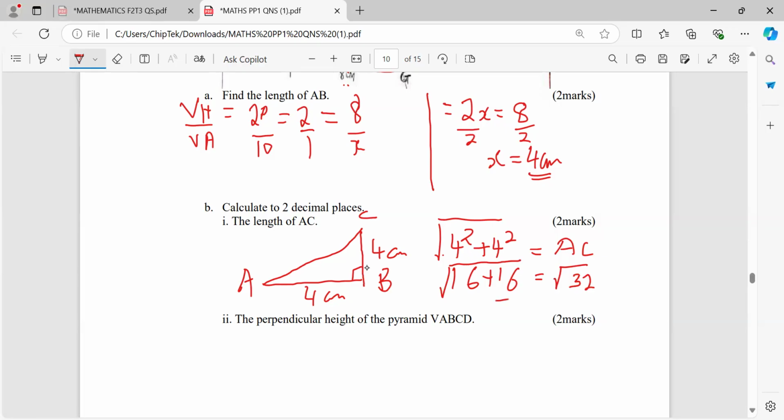So square root of 32, around something 5 point. Square root ya 32 ni 5.66. Okay. So 5.66. Kumbuka ni 2 decimal places. So this is the answer. Nadhani hapa tumeelewa.